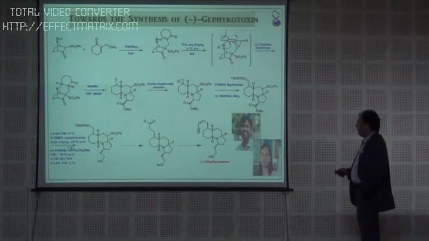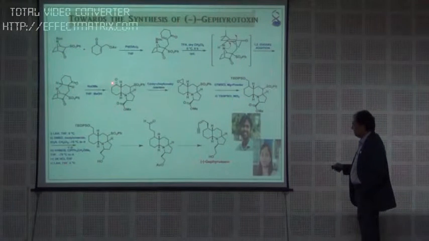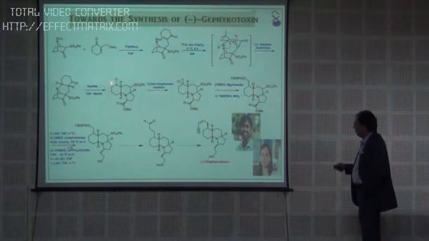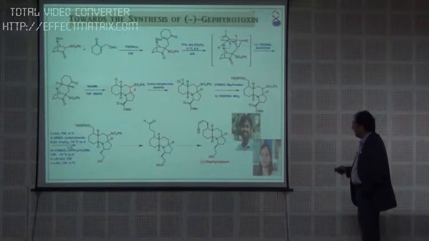And what is the problem in the synthesis here? In this structure here, you have to make a carbon-carbon bond which has to be stereoselective. Now, in all the syntheses, you get a mixture.